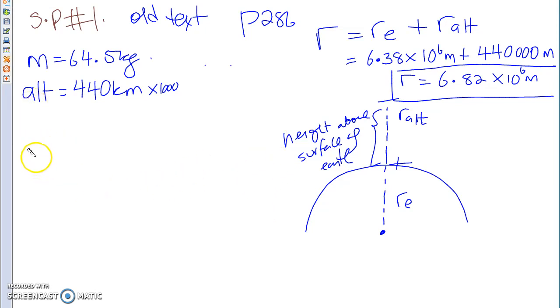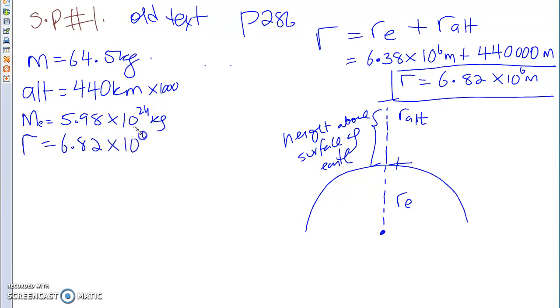So the first thing we're going to do is, of course, write down our unknowns and our givens: mass of Earth 5.98 times 10 to the 24 kg, and R, which is 6.82 times 10 to the 6 meters.